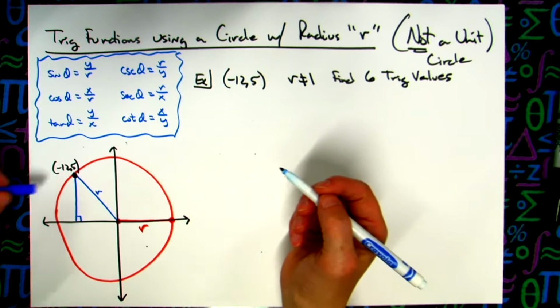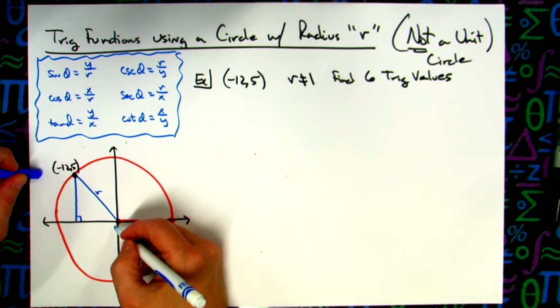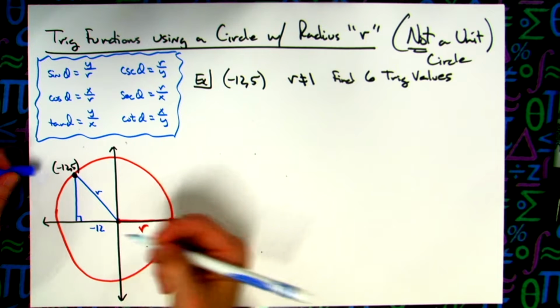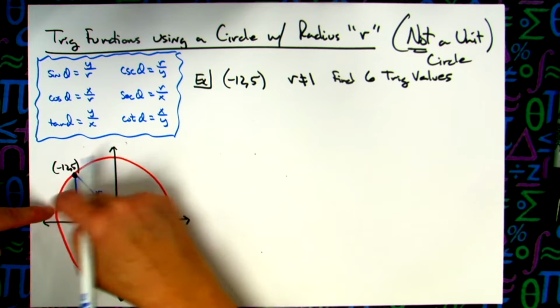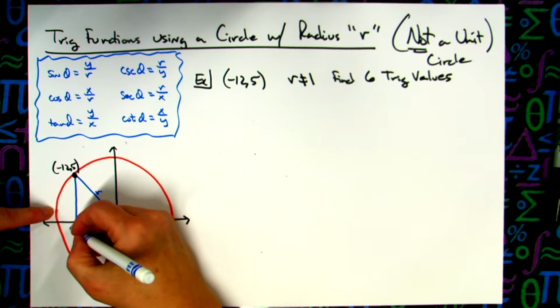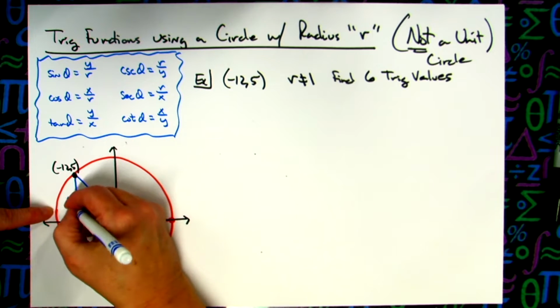Now if this point is negative 12, 5, what does that mean? That means I started at the origin and went to the left 12, or negative 12. If I use that negative, then the signs of my trig functions in the second quadrant will be correct. I went negative 12 to get there, and then I went up 5.